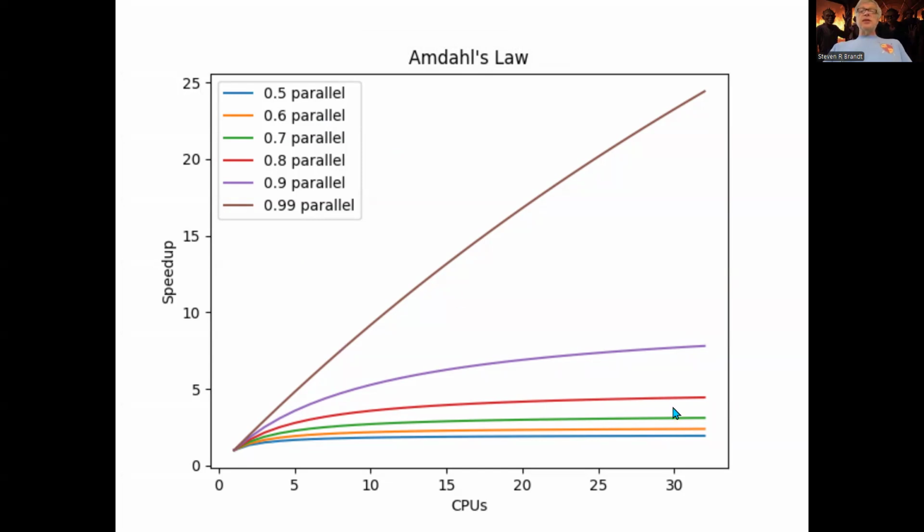Likewise, with 60%, it can never go above this orange line. And with purple, it can never go above this line. So no matter how many CPUs I throw at it, if my percentage of parallelism is not high enough, then I can't make use of them. And if I've got 99% parallel, then I can get to this brown line and make use of 30 processors, but eventually it's going to also fail. I just thought it might be nice for you to have a graph of that.